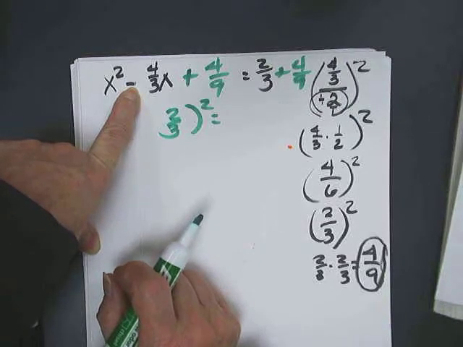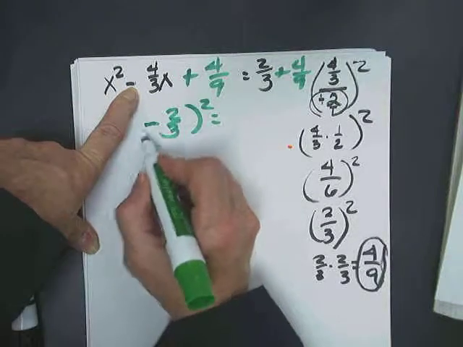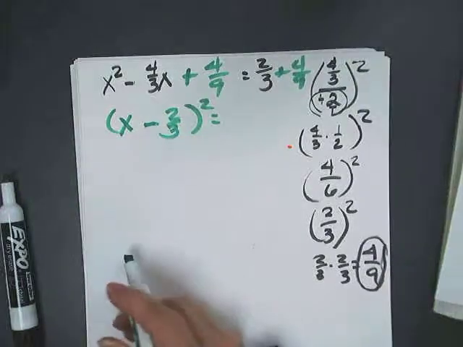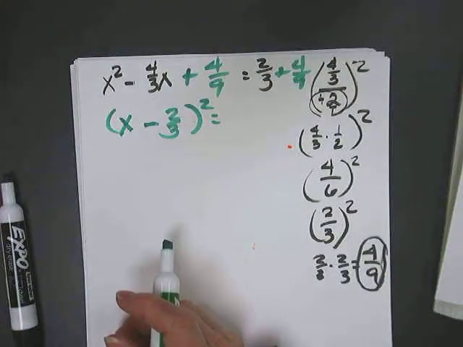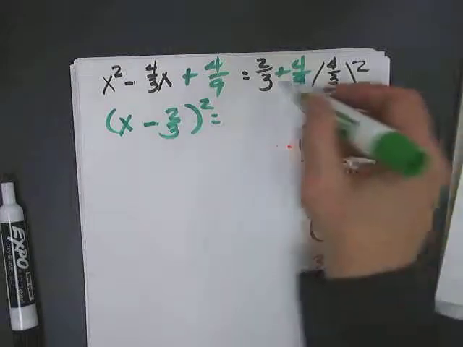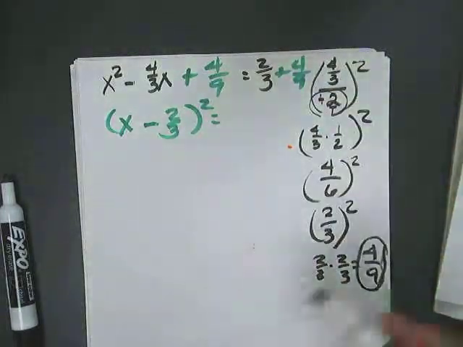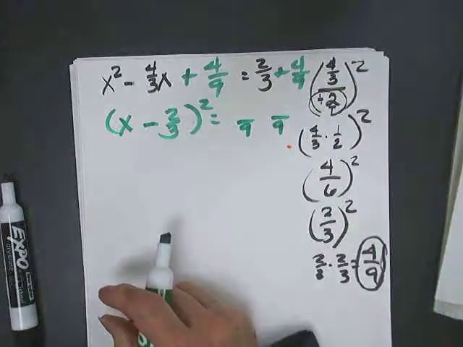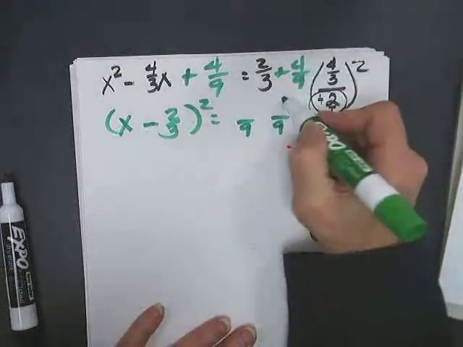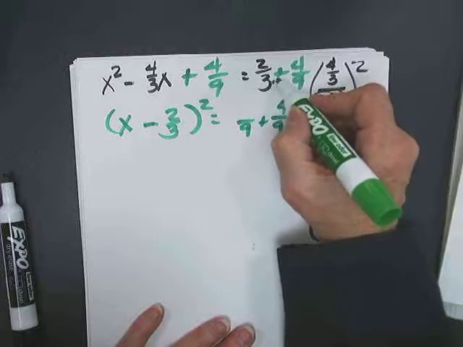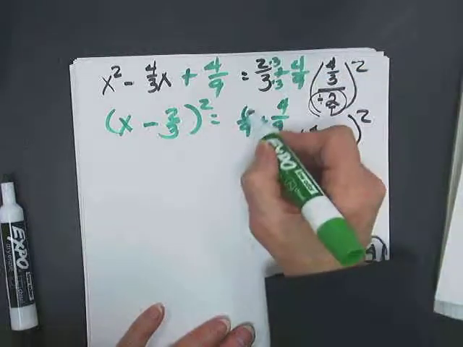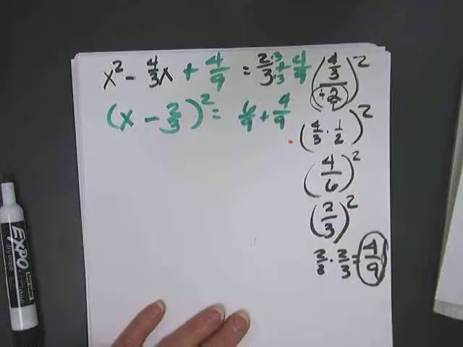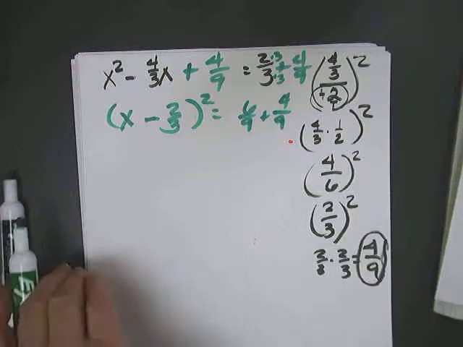Okay, we're adding 4/9 to both sides. Okay, so factoring this is actually the easy part. 4/9 is 2/3 times 2/3. They both need to be negative to get a negative 4/3 x.